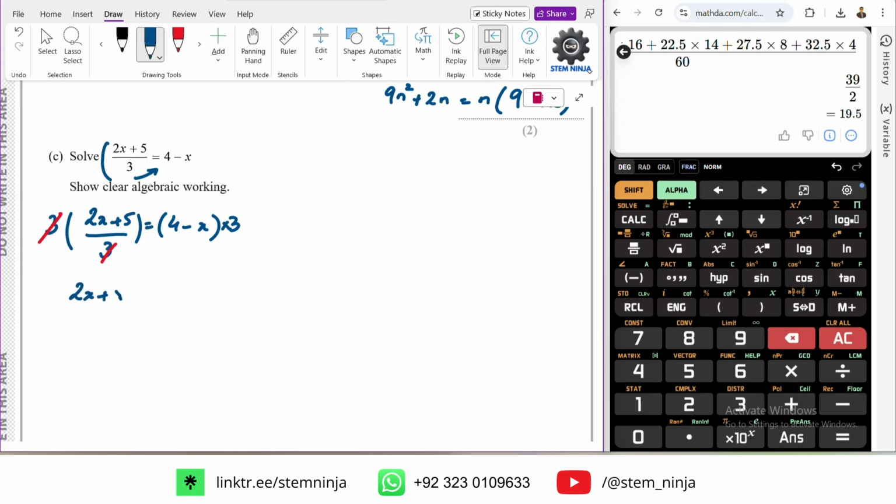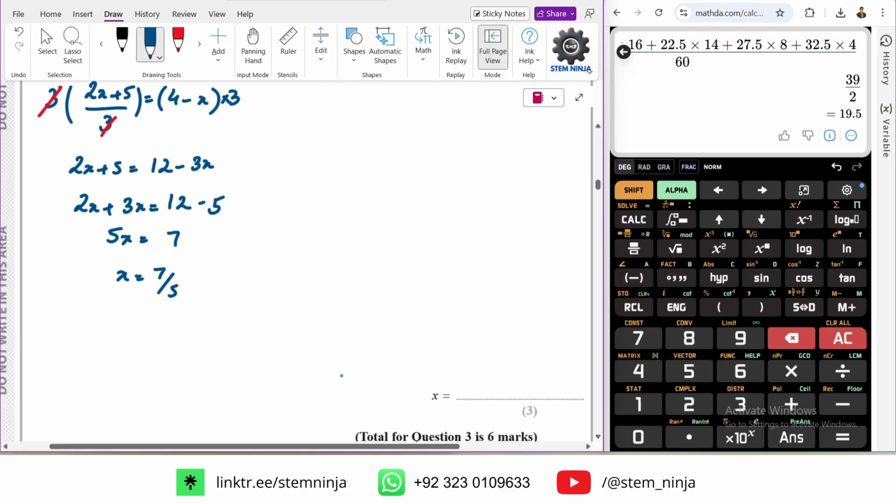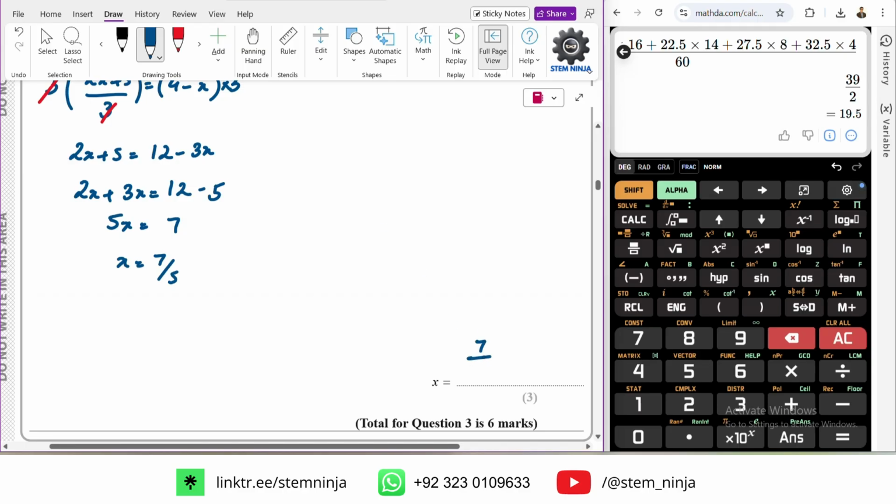This becomes 2x plus 5 equals 3 times 4, which is 12, minus 3x. This becomes 2x plus 3x equals 12 minus 5, and this becomes 5x equals 7. Therefore, x is 7 over 5.